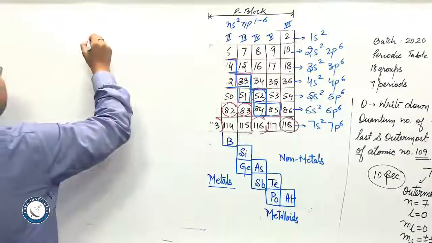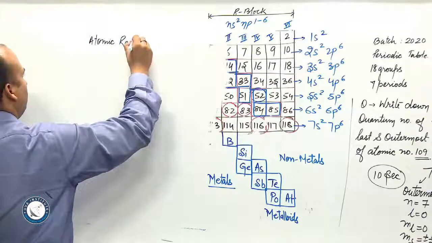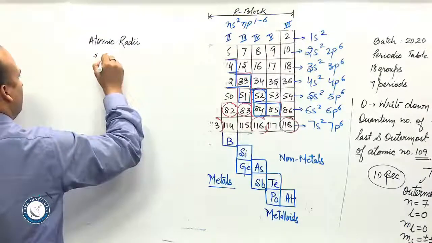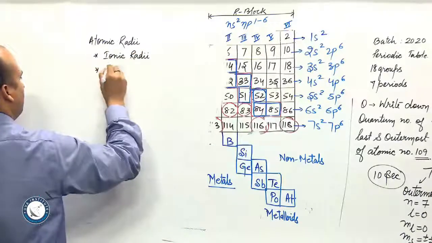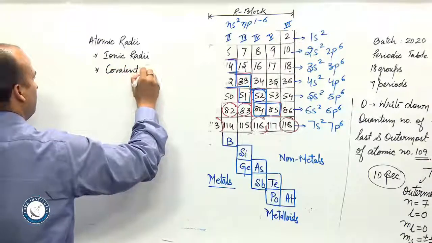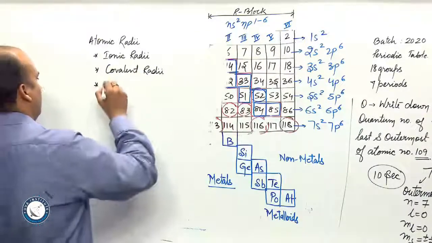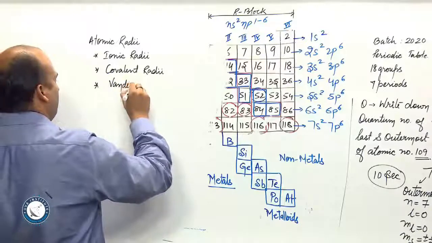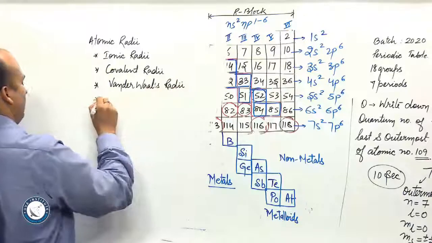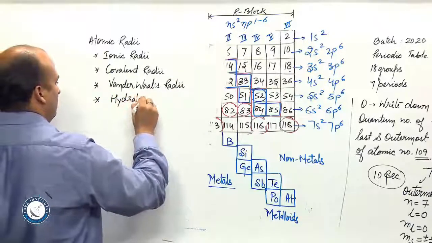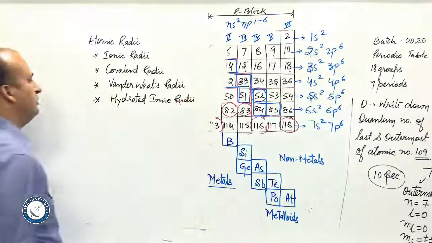Now in this chapter we have to study about atomic radii. Now in atomic radii we will be talking about ionic radii also, covalent radii, van der Waals radii, and hydrated ionic radii. So I will talk about all these.